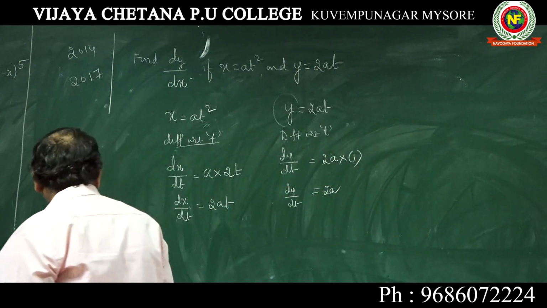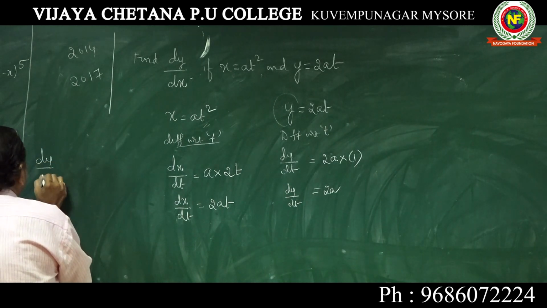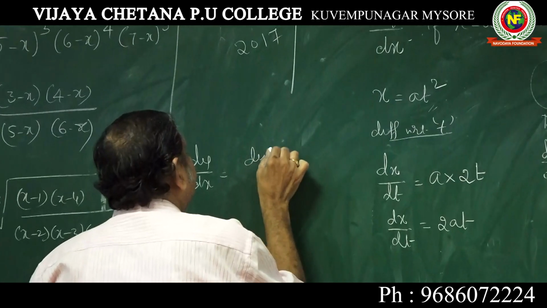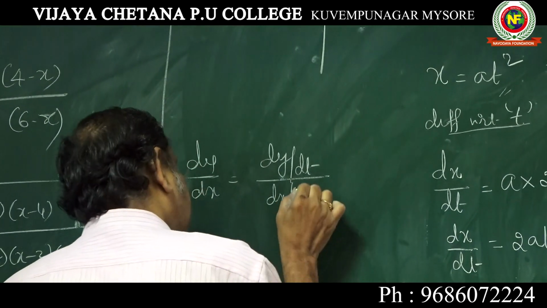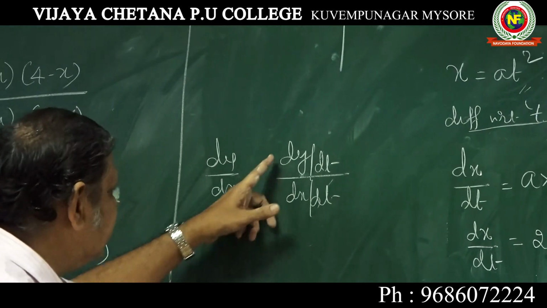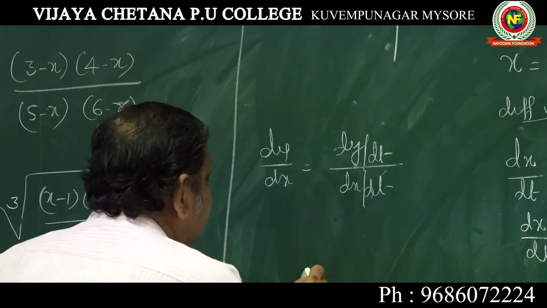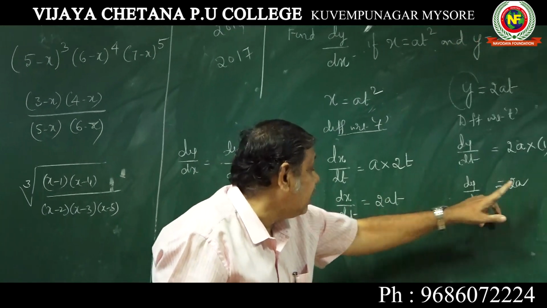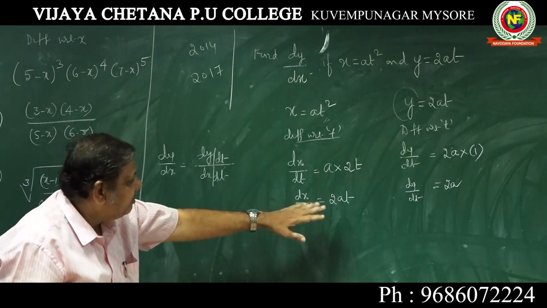Always note, the formula dy by dx is always dy by dt divided by dx by dt. I gave you the formula in the definition of parametric function, so the dt cancels. Dy by dt by dx by dt. Many students write it the other way around, dx by dt by dy by dt.